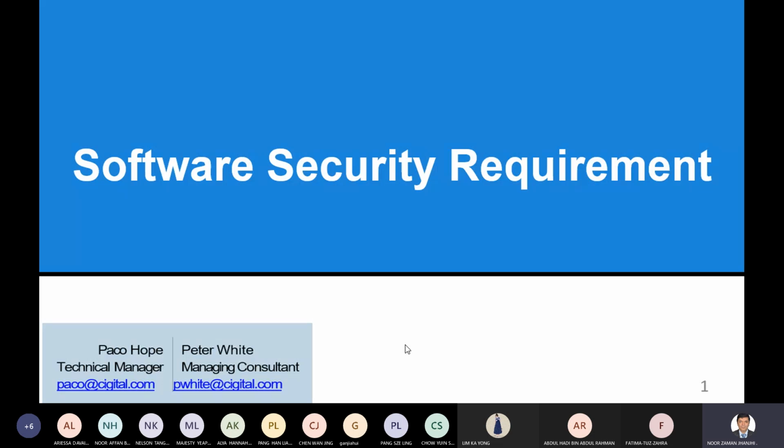Now, software engineers and developers, when they visit the company or the client, are trying to get the requirements to fulfill the needs of the customer.